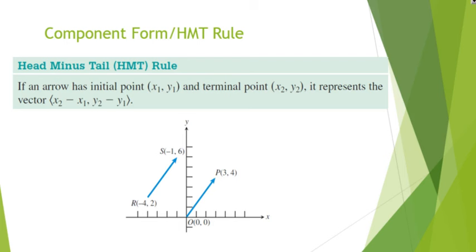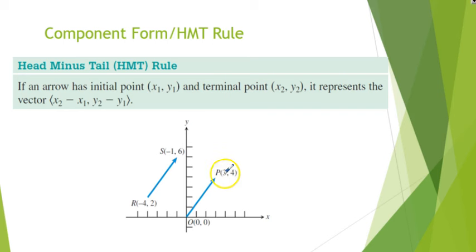One rule that is frequently used dealing with vectors is called the head minus tail rule. It's essentially the same as what we were just talking about with the component form. So if we have a starting position and an ending position for 2 different coordinates, then we can find what the vector is by doing the x coordinates subtracted and the y coordinates subtracted.